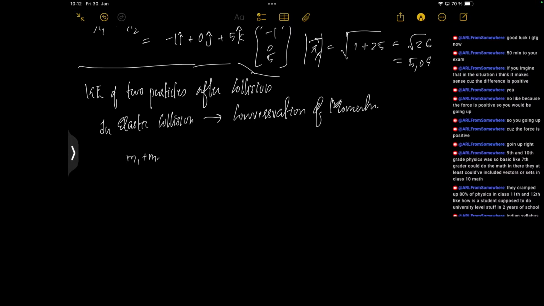M1 plus M2 times VF equals M1 V1 plus M2 V2. VF equals 1 by M1.